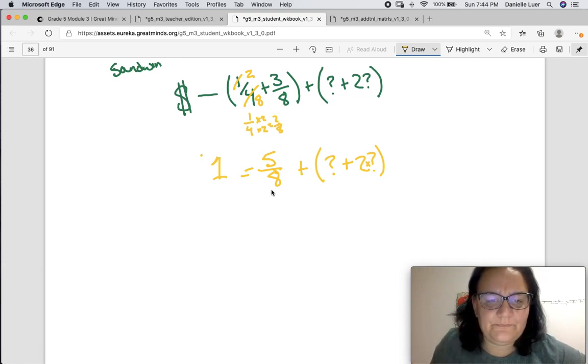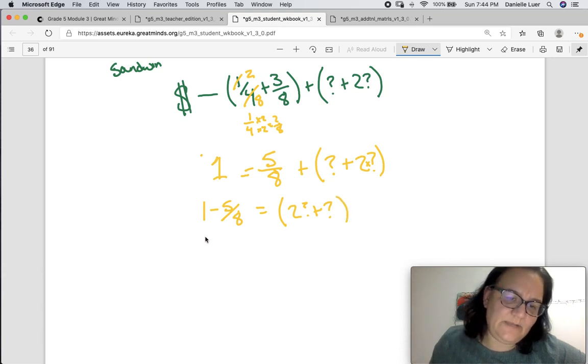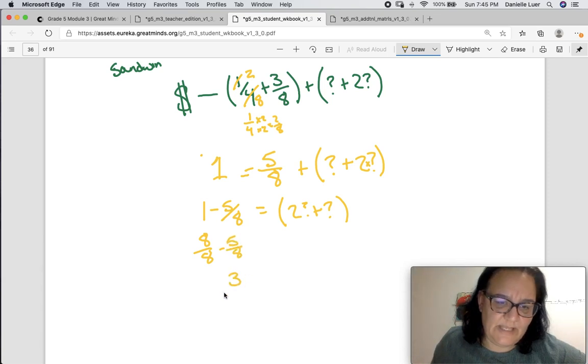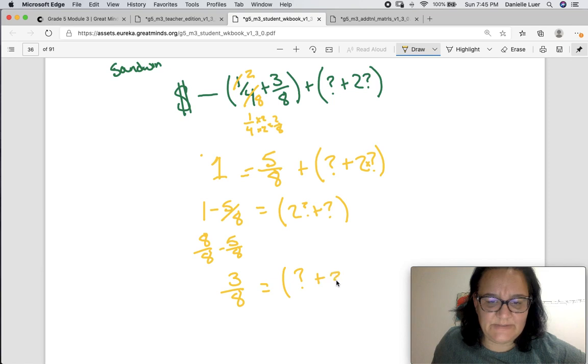Now I want to subtract 5/8 from this side and 5/8 from that side. So 1 minus 5/8 would equal, and I just moved it over there, the number plus the number. Well, 1 equals 8/8 minus 5/8. That equals 3/8 equals however much you spent on the comic books plus 2 times that number on a gift.